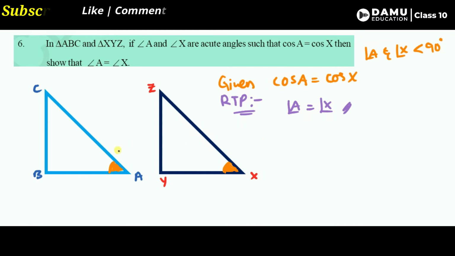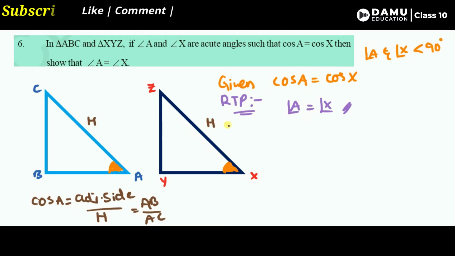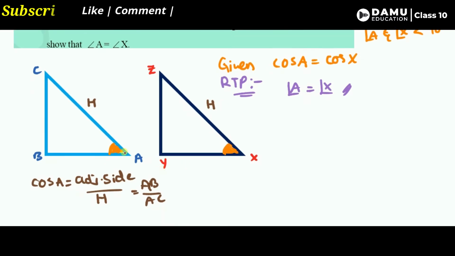What is cosine A? Cosine A is the adjacent side by hypotenuse. So AB is the adjacent side and AC is the hypotenuse, so cosine A is AB by AC.